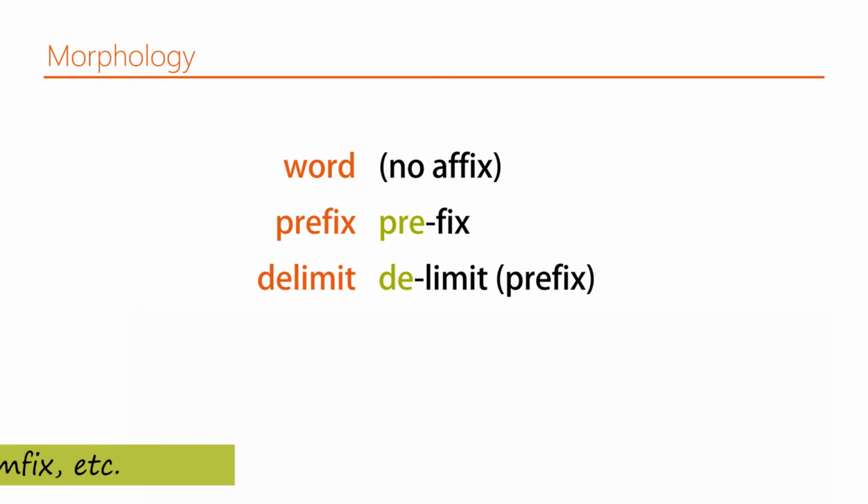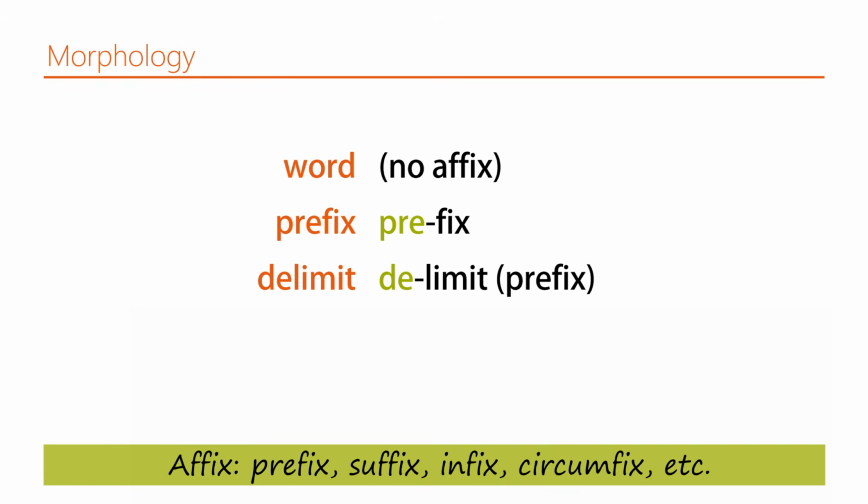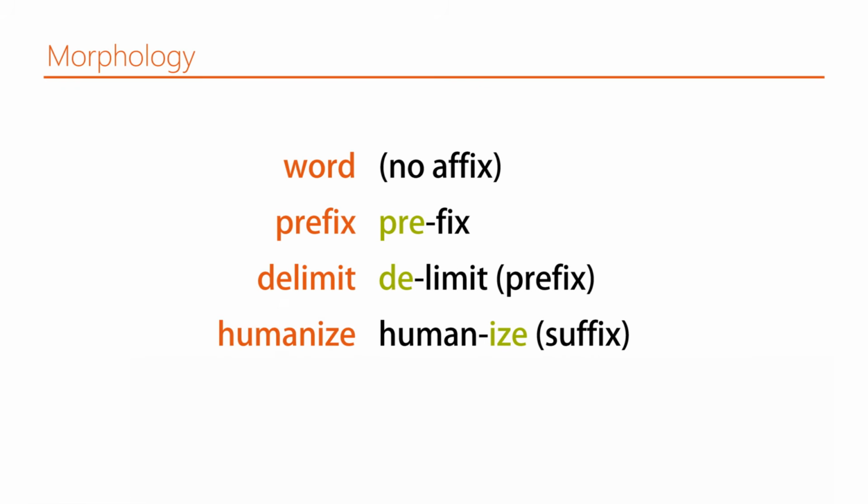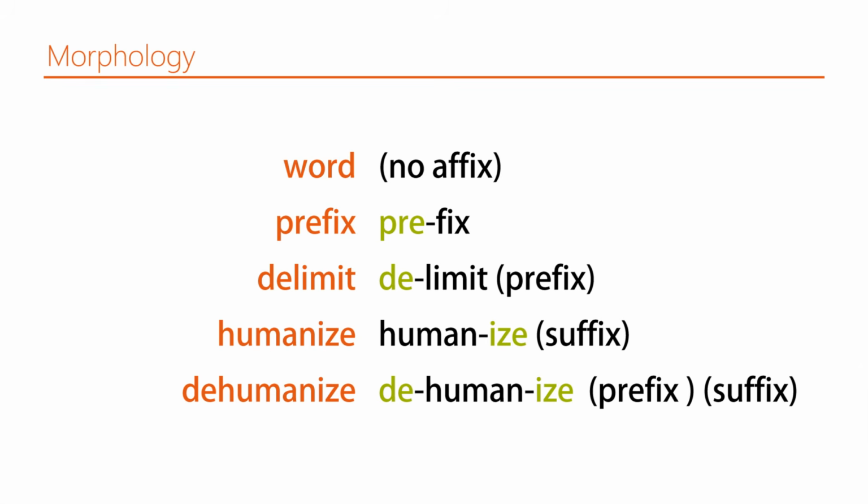So affix is the umbrella term to refer to all kinds of affixes, which could be a prefix or a suffix in English. So "de" is the affix in "delimit", and in "humanize" the affix is "ize". But in "dehumanize" we have both a prefix and a suffix, right?